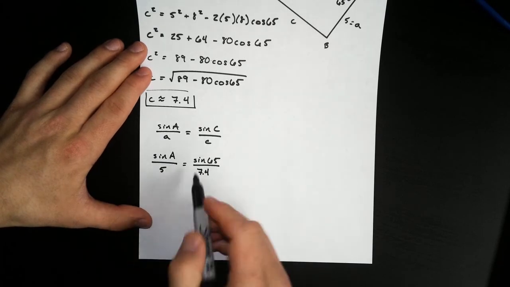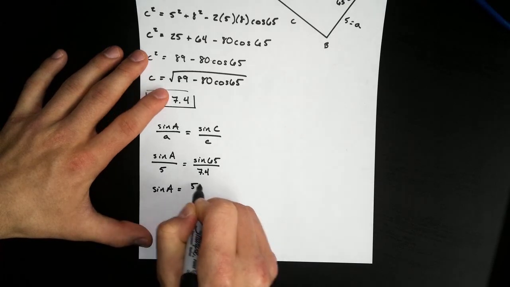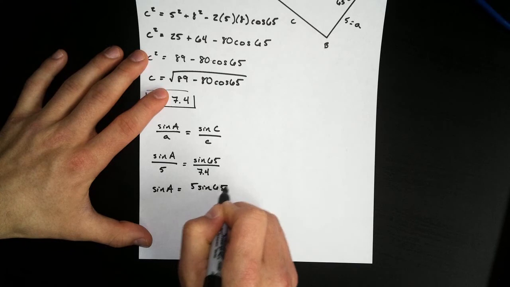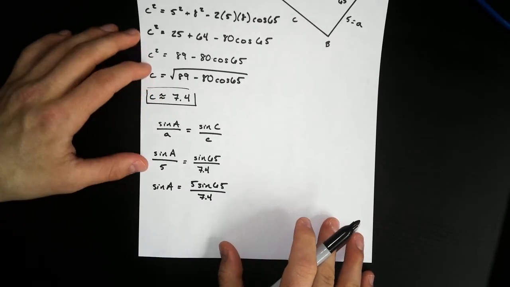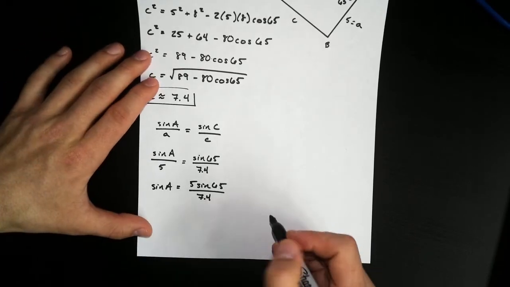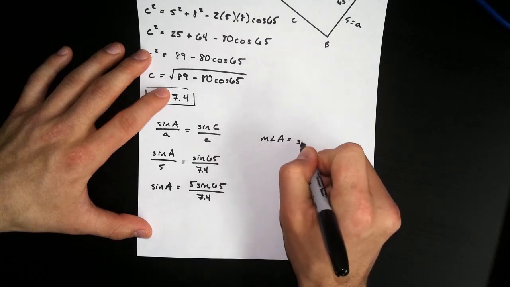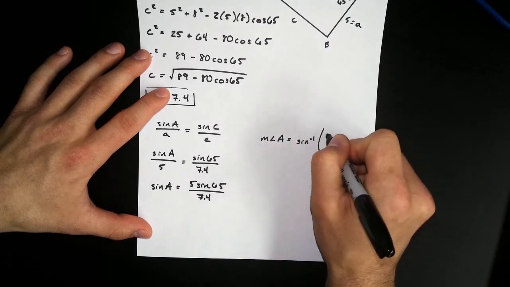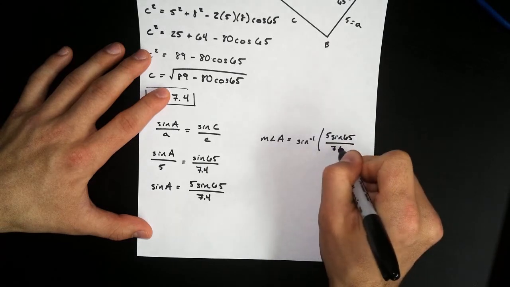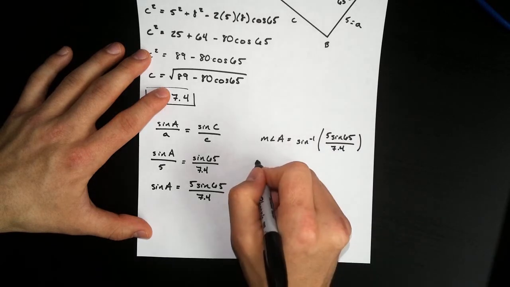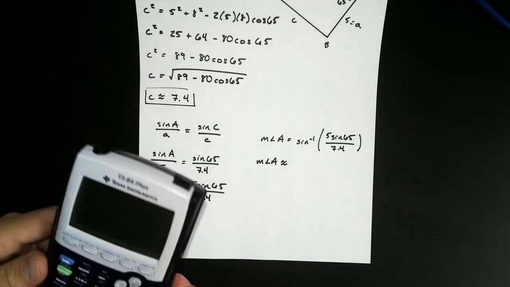So we can multiply both sides by 5 to isolate the sine of A. And then since I'm solving for an angle, we need to do the inverse sine on both sides. So the measure of angle A is going to be the inverse sine of this entire fraction. And let's see what we get for that.